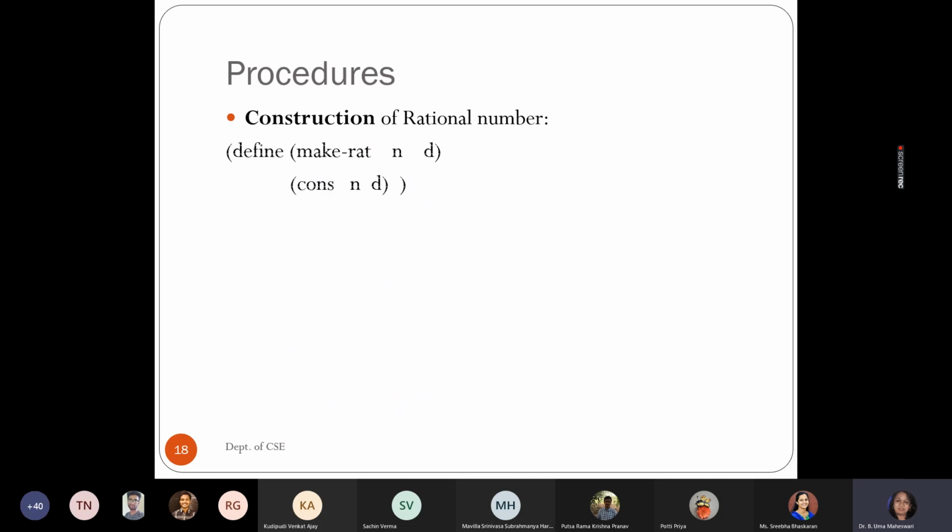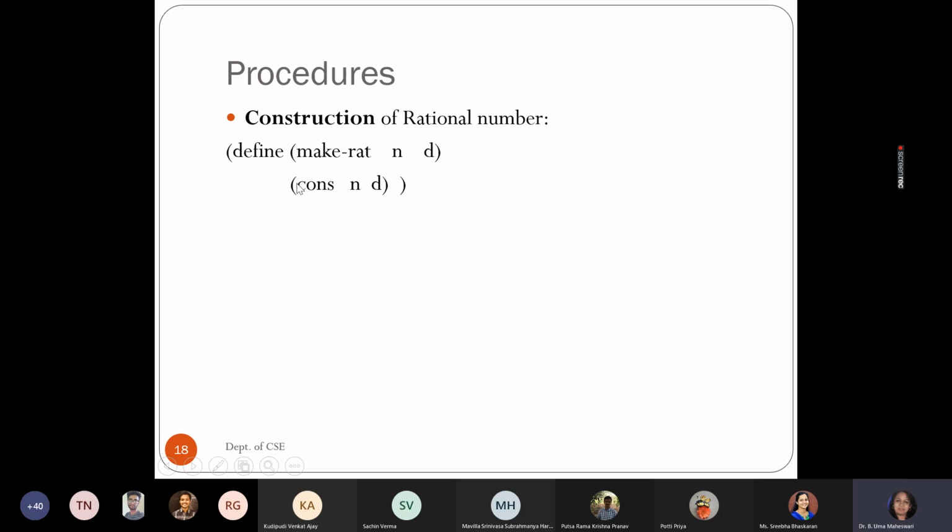Okay, so first of all, we have to construct a rational number. I'm going to write a procedure, make-rat. This creates a rational number, for which I pass two numbers, in this case a numerator and a denominator. If I pass these two numbers to make-rat, it is going to give you a pair constructor.